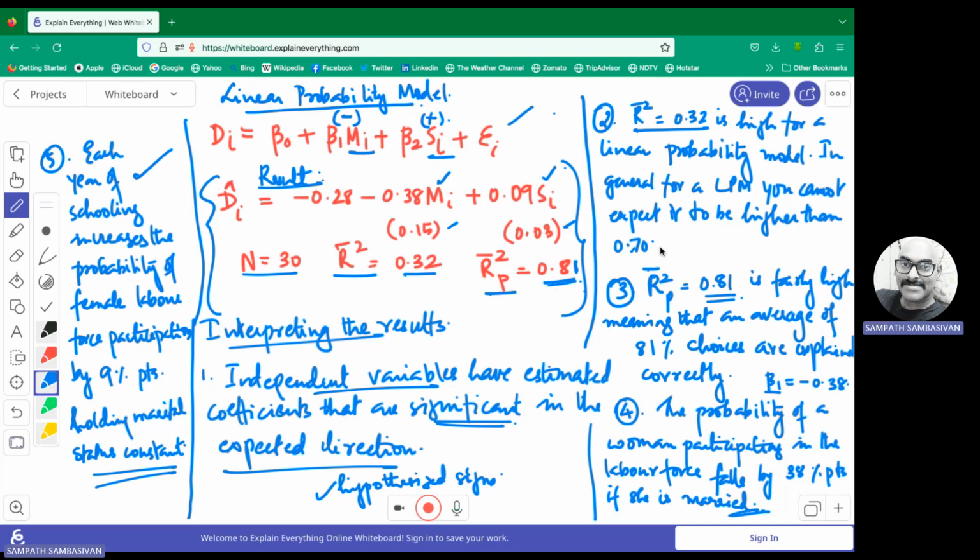And what are the coefficient estimates? What do the values of these coefficient estimates, minus 0.38 and plus 0.09, tell us? So you write about these kinds of explanations as we have seen here. Okay, as simple as that.